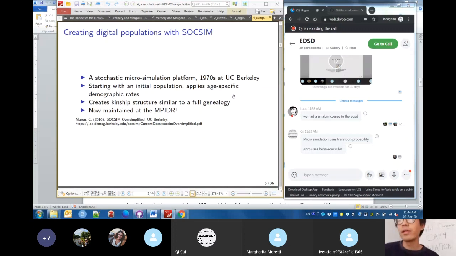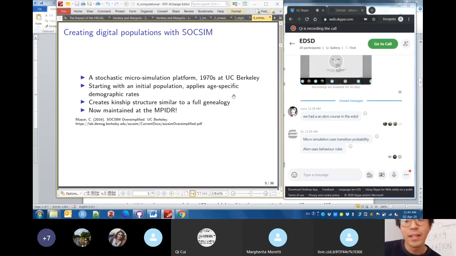And the important point is that this was hosted at UC Berkeley for a very long time. And now we are in the process of transferring this to the MPIDR. So Carl Mason, who's one of the main authors of this package, was at the MPIDR a couple of weeks ago working with Tom Tyler from the Lab of Digital Demography.